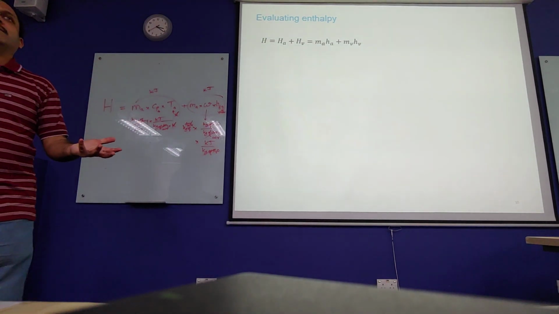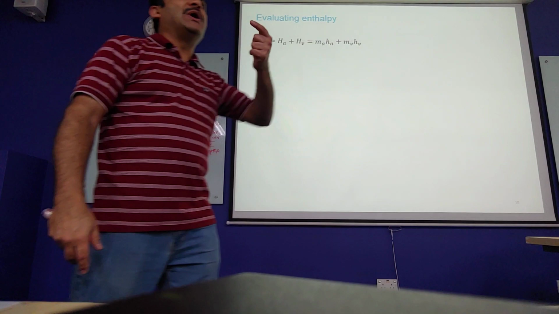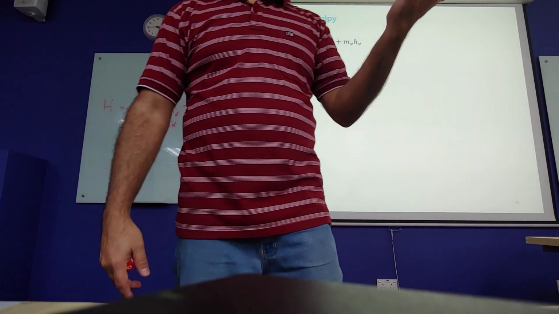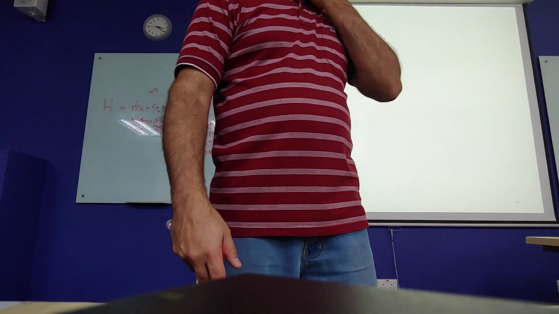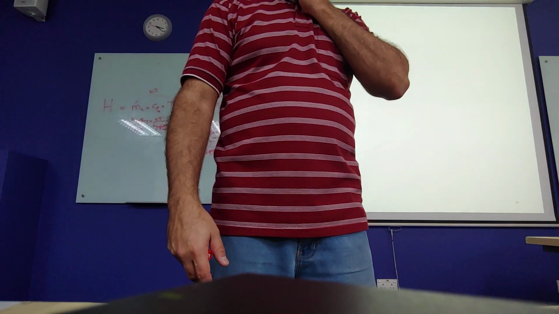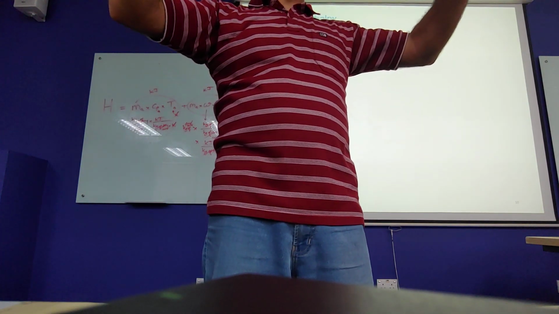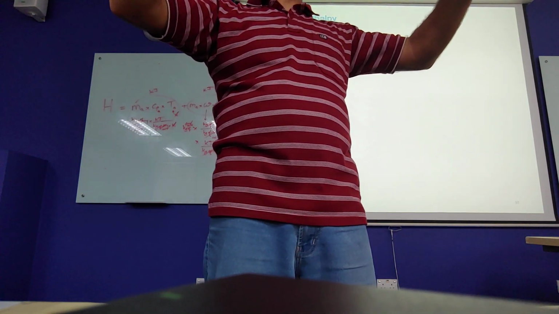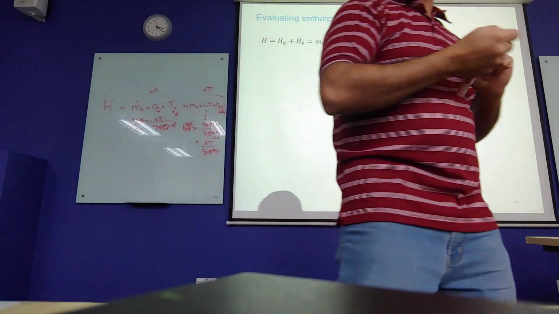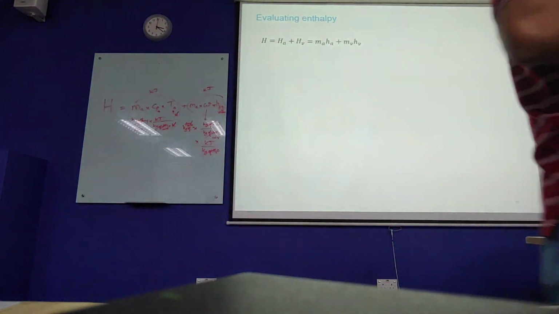Can you tell me a way to estimate the flow rate of air? A simple way of measuring the flow rate of air. We're talking about big ducts. The ducts inside these false ceilings must be at least 600 millimeter diameter, carrying air through them. How do you measure the flow rate of air?